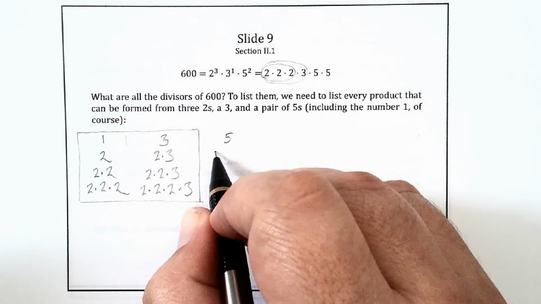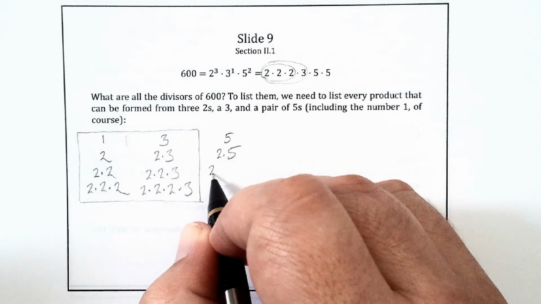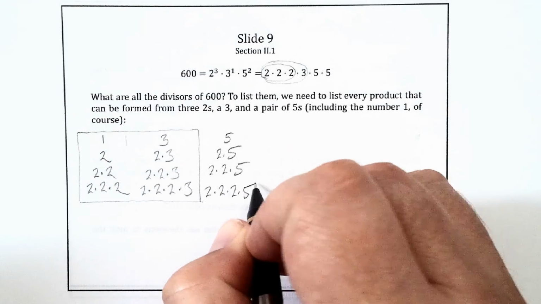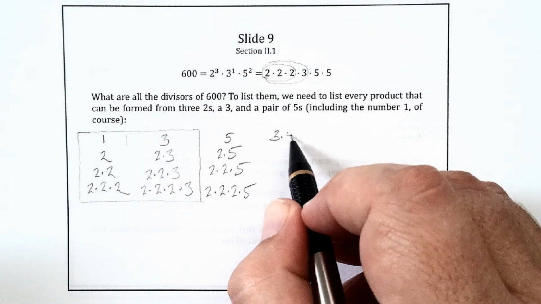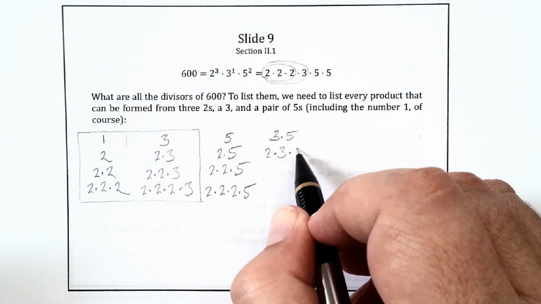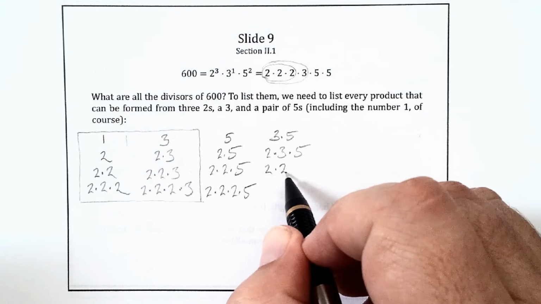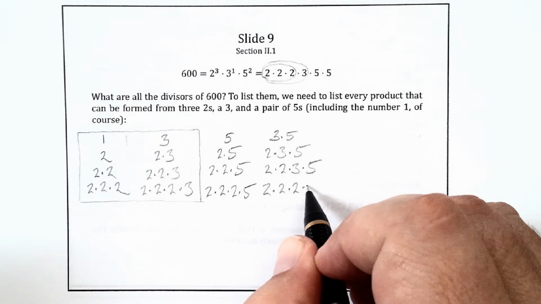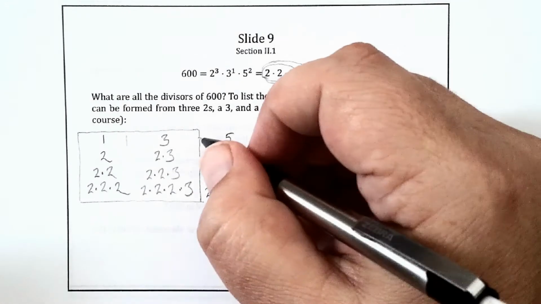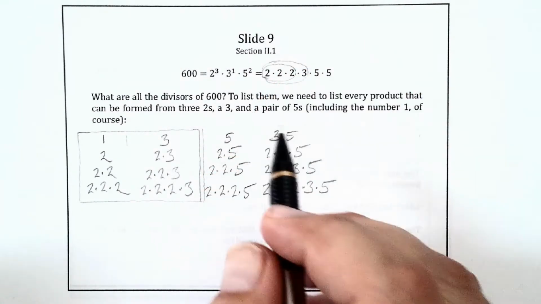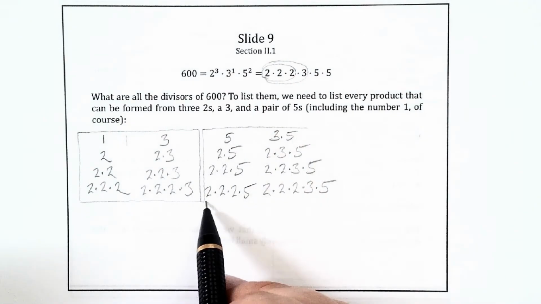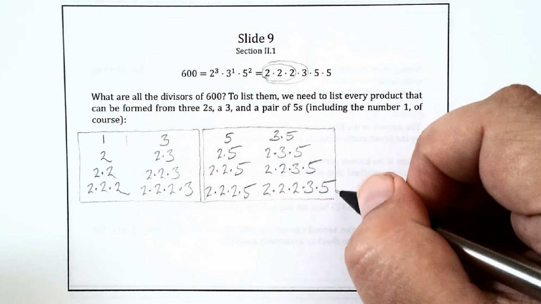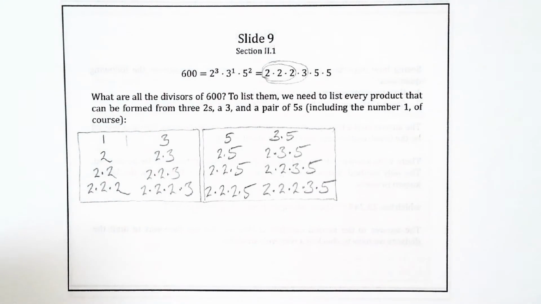So I'd have 5, 2 times 5, 2 times 2 times 5, 2 times 2 times 2 times 5, 3 times 5, 2 times 3 times 5, 2 times 2 times 3 times 5, 2 times 2 times 2 times 3 times 5. Okay, so there's a second block of numbers.